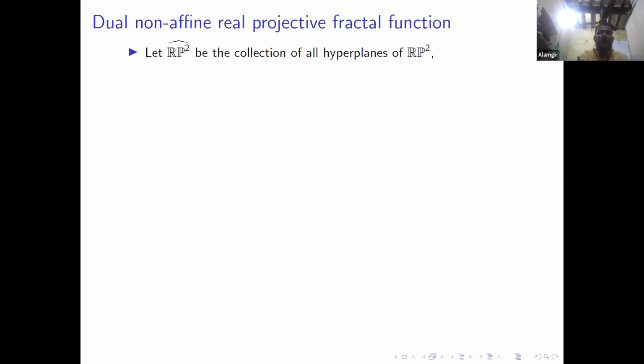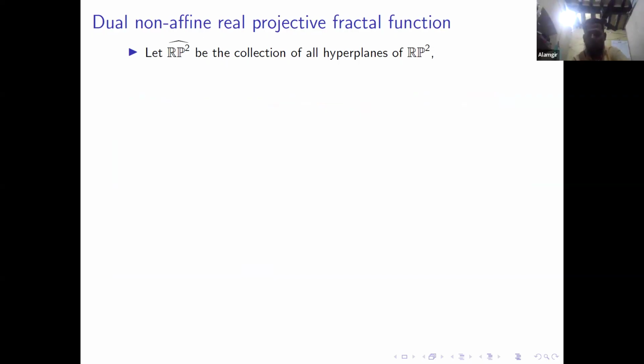Now the dual of the non-affine real positive fractal function. This is the most crucial part in this article, and this part is interesting for me because this is the dual. Actually, dual is not another type of space.